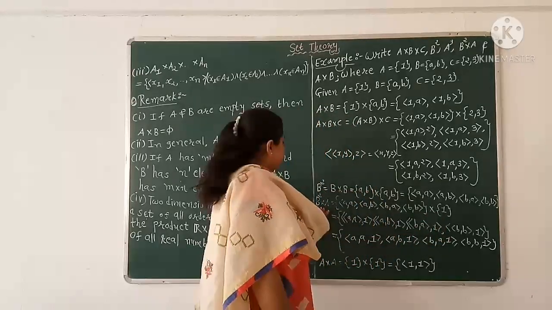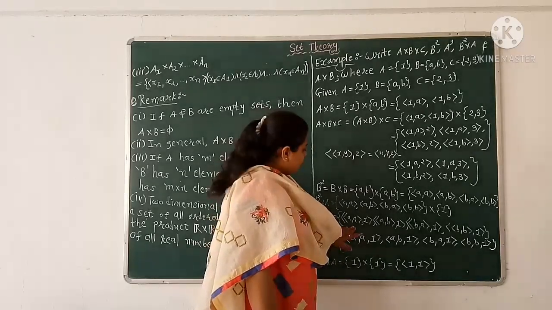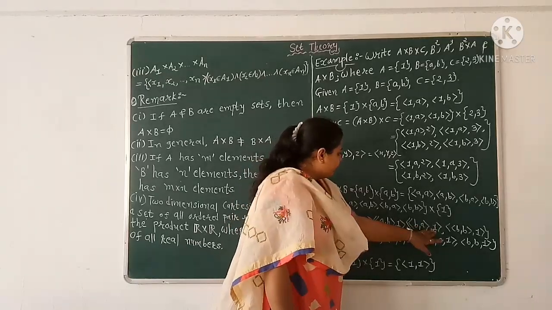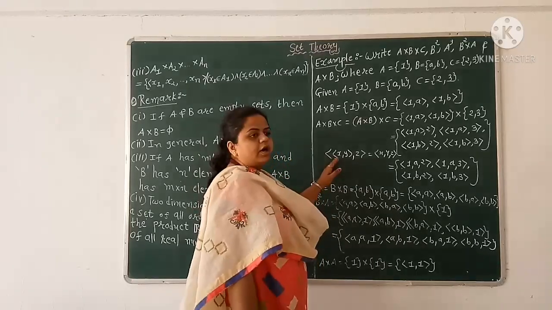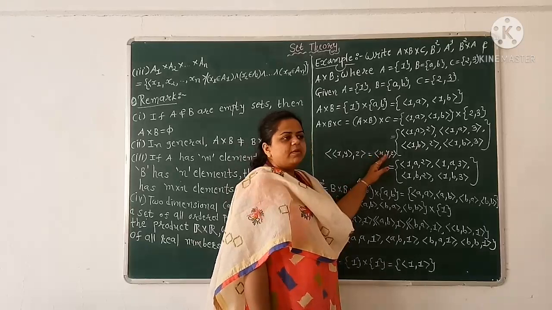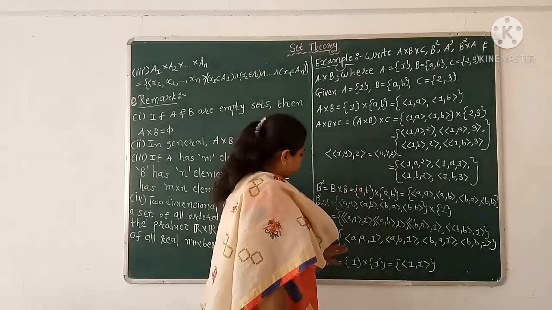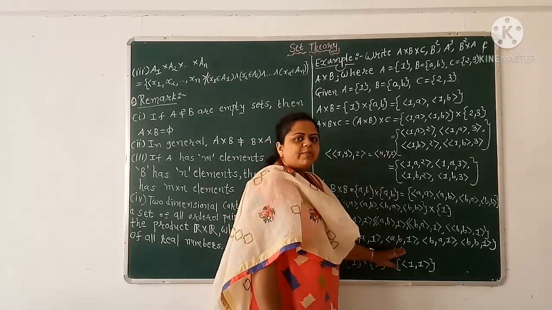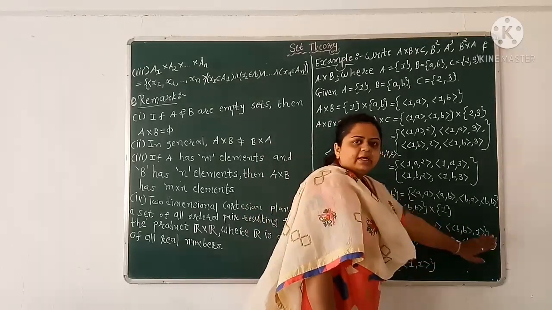So here B square cross A is equal to the set of ordered triples (a, a, 1), (a, b, 1), (b, a, 1), (b, b, 1), and as we know the ordered triple ((x, y), z) is equal to the ordered triple (x, y, z).